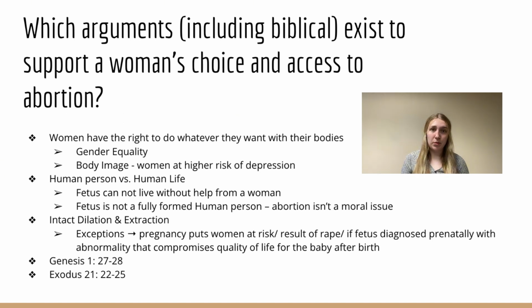My last example would be in Exodus chapter 21, verses 22 to 25. Here, God explains that if a woman who is pregnant was injured or caused harm to by another person, that person needs to give money or compensate the woman's husband.